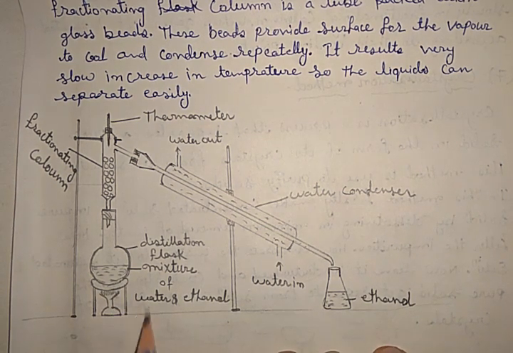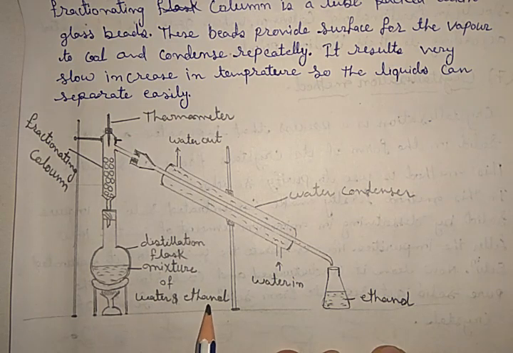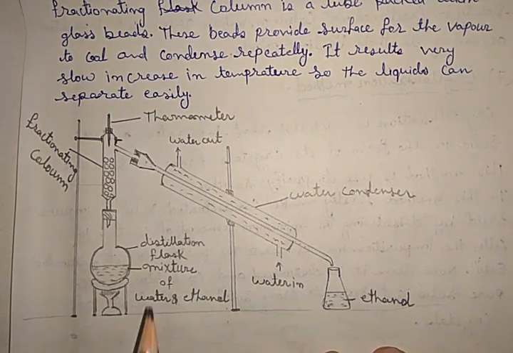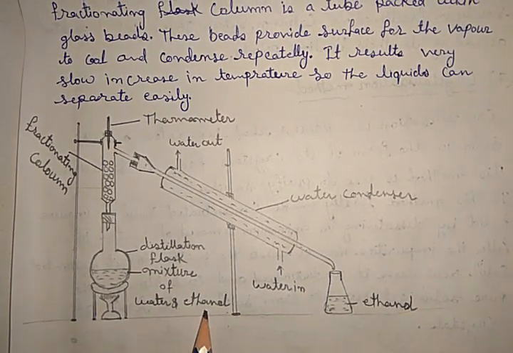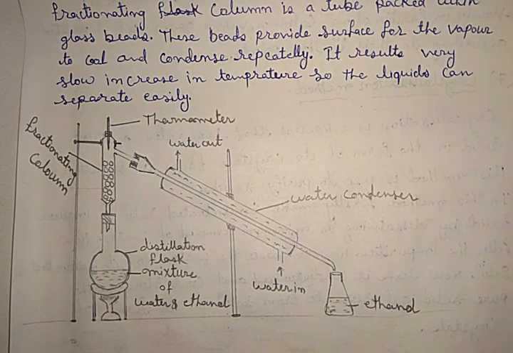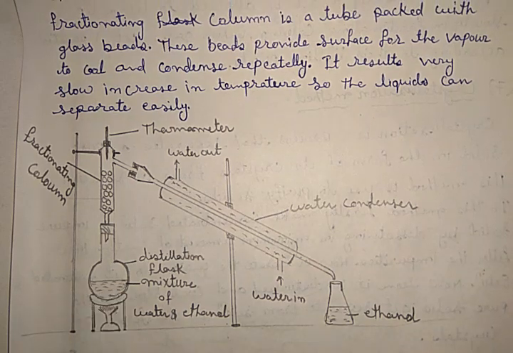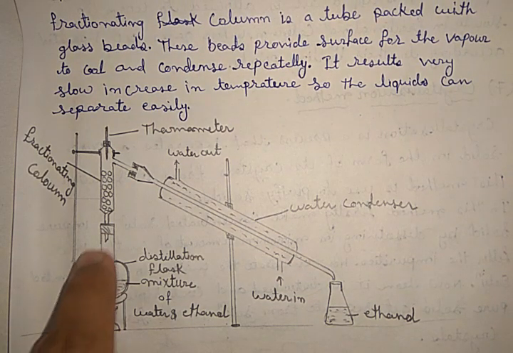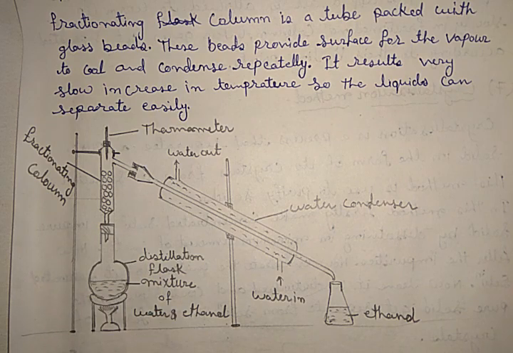Suppose we take the example of water and ethanol. Water's boiling point is 100 degrees Celsius while ethanol's is 78.6 degrees Celsius. So the difference is less than 25, so we can use fractional distillation. Now suppose that is the mixture.